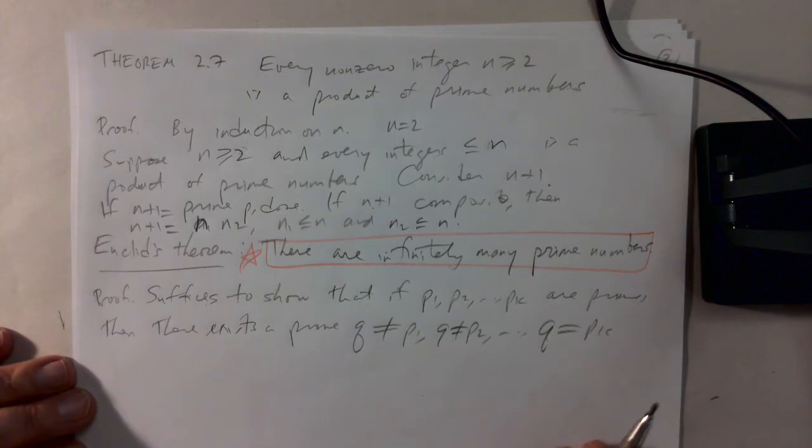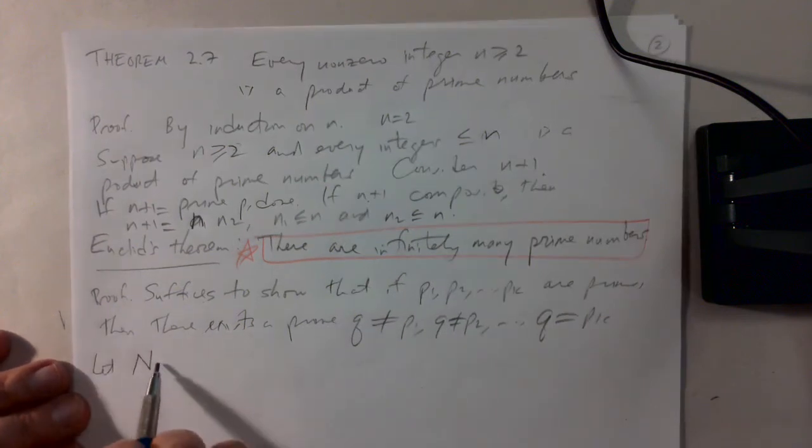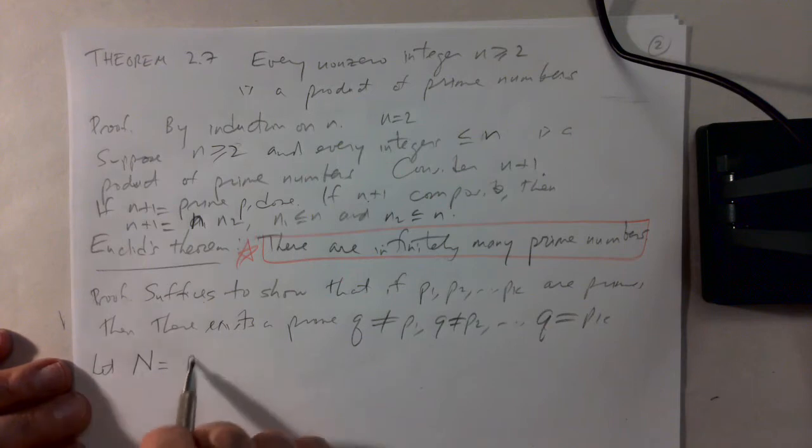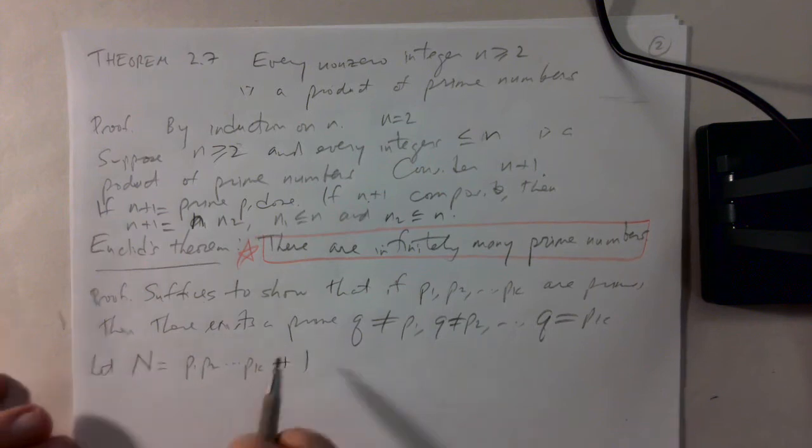And how do we prove this? Well, suppose we let capital N be the number that we get by multiplying this finite set of primes together, P1, P2 up to P sub k, and adding 1.